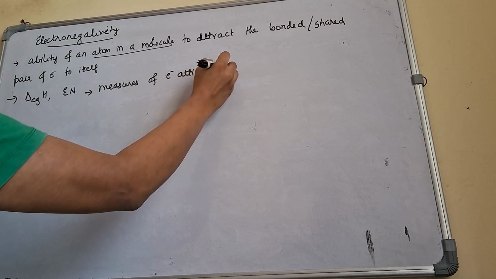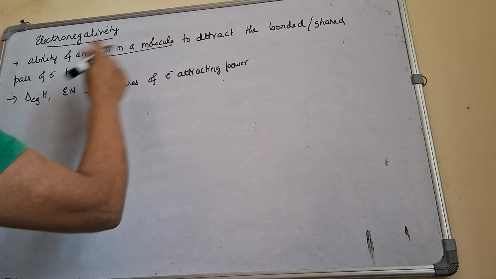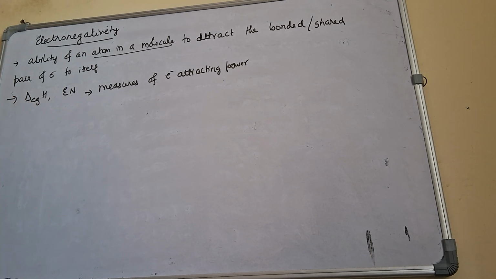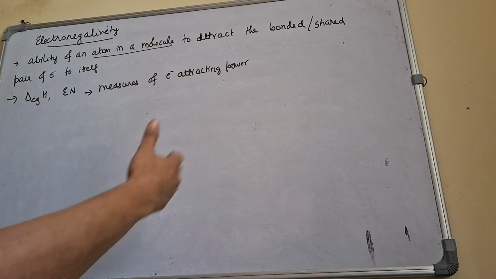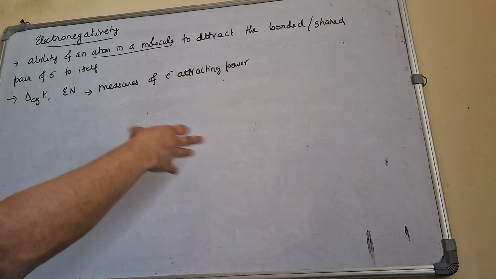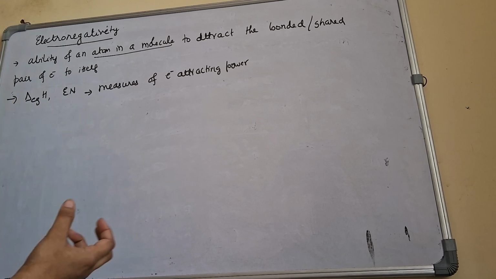Let us talk about electron gain enthalpy a bit, which I explained a few minutes ago. Electron gain enthalpy means if you are giving an electron, how much energy it is radiating, and the more energy it radiates, the more it loves electrons.